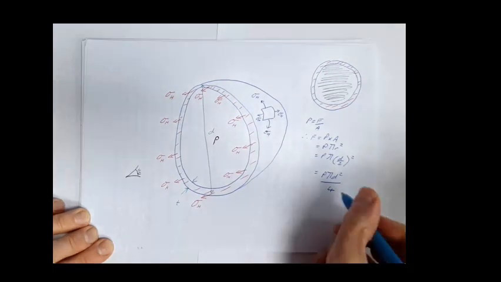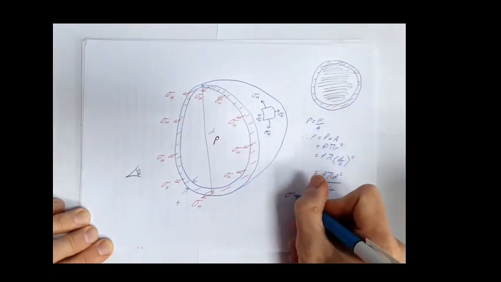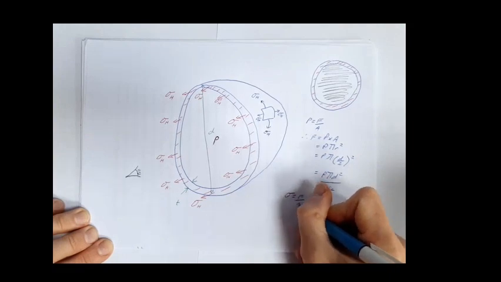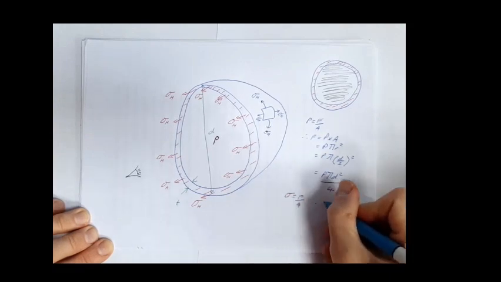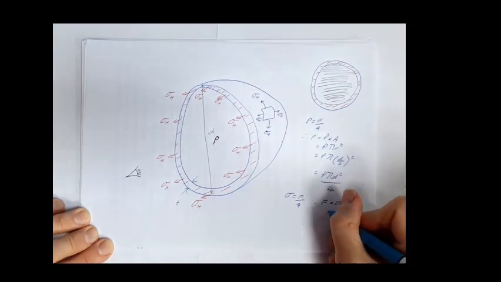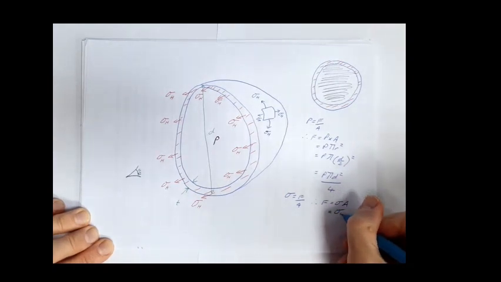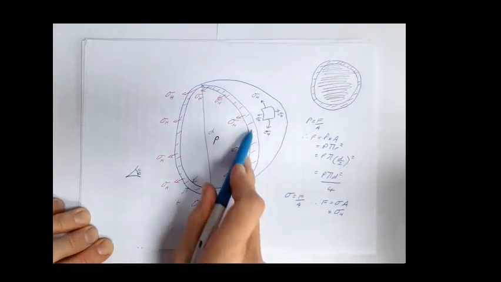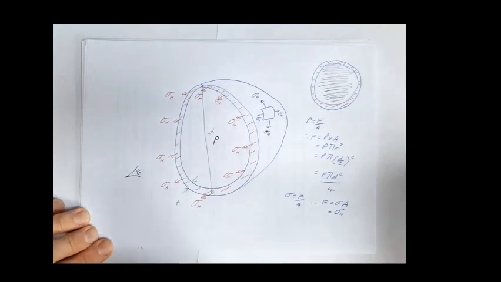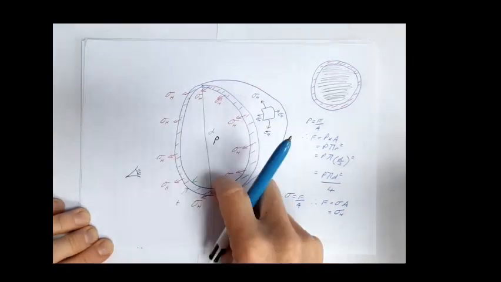Now we've said pressure is force over area, and we also know stress is force over area. So therefore, my force equals my stress times my area. My stress, this time we're calling my hoop stress. It's the stresses on these faces. And my area is my circumference times my thickness.